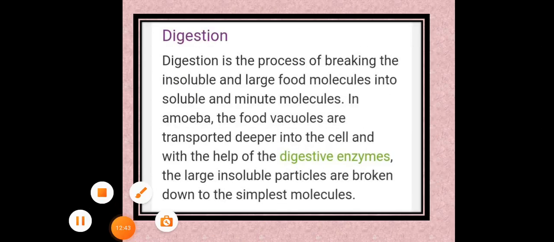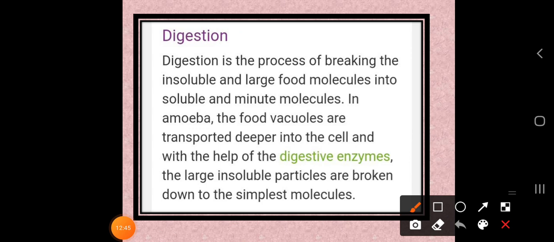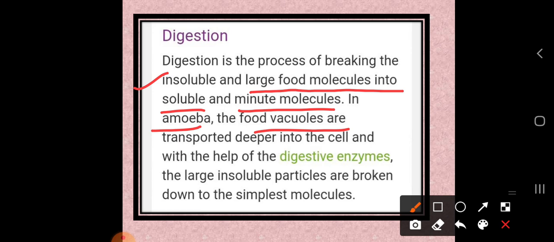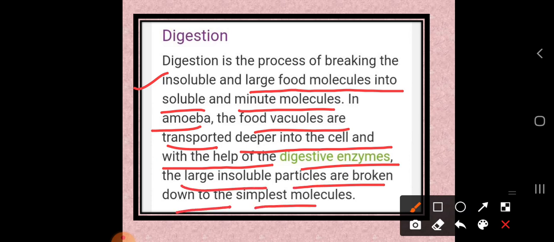Okay, in the digestion part, what happens? Digestion is the process of breaking insoluble and large food molecules into soluble and minute particles. As I told, here we break down the very solid particles. In amoeba, the food vacuoles are transported deeper into the cell, and with the help of digestive enzymes the large insoluble particles are broken down into the simplest molecules.